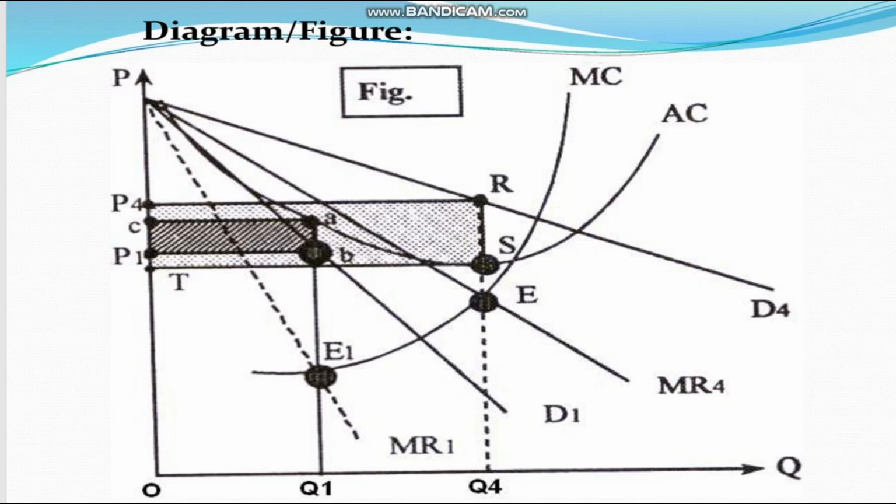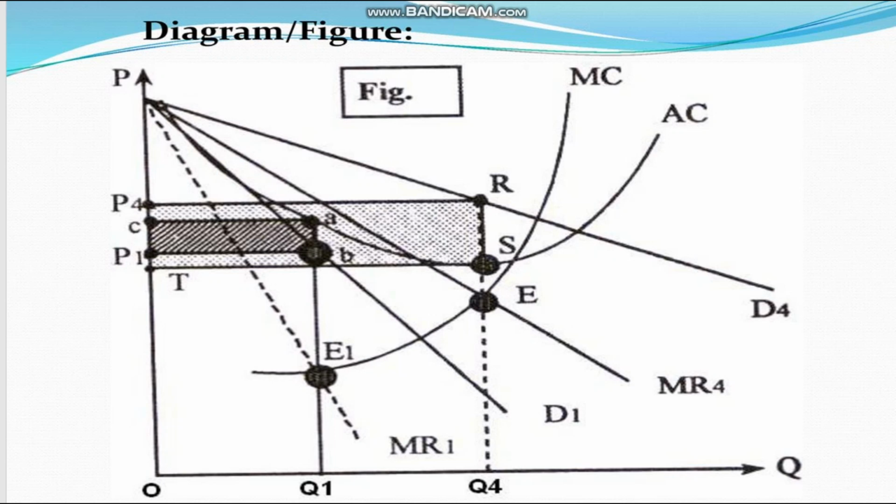As we see at R, average revenue, that is the price OP4, which is more than OS, while at S, OP1, which is our average cost. Now the average cost is low while the average revenue is higher. That means the industry has more revenue than cost. It means our losses are now converting into profit.